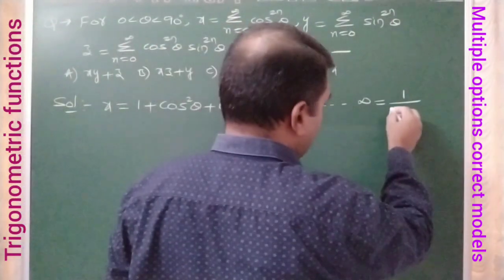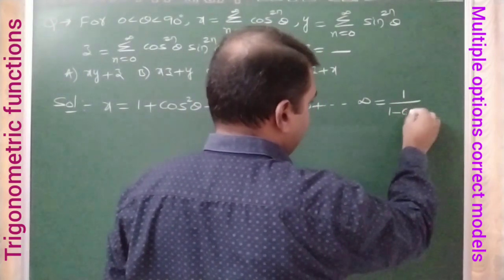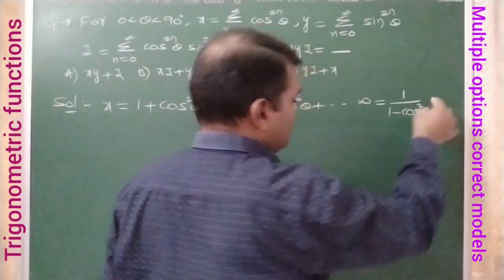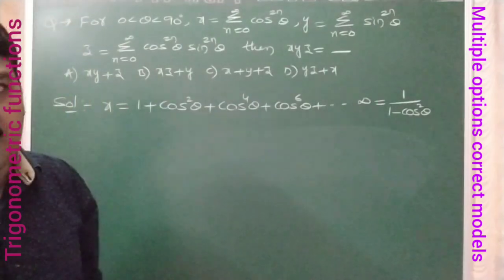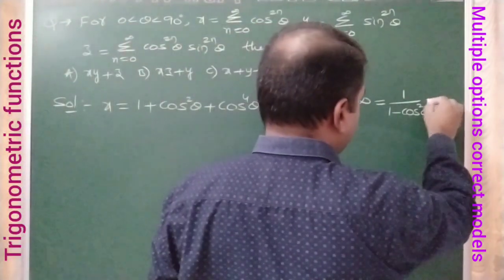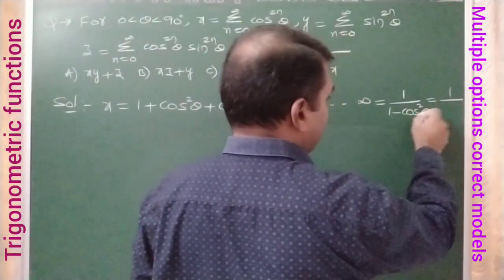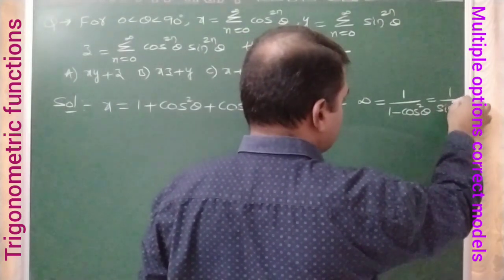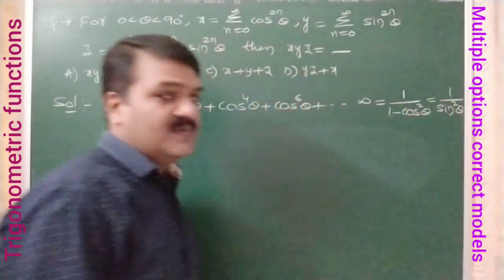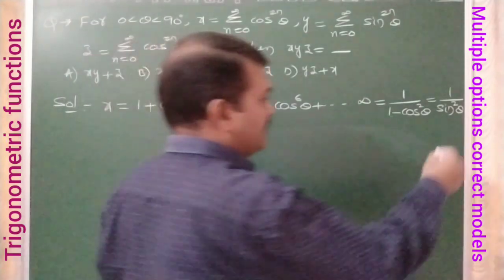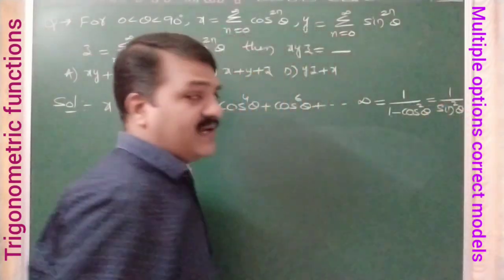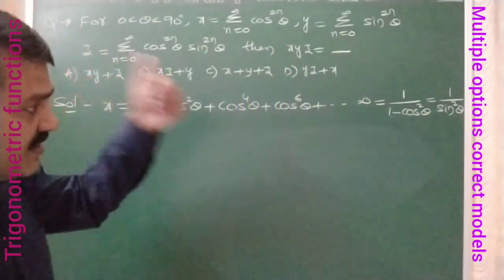So we used the A by 1 minus r formula. What are we getting? 1 by 1 minus cos squared theta, which means sin squared theta. So we are getting 1 by sin squared theta. That is the value of x.